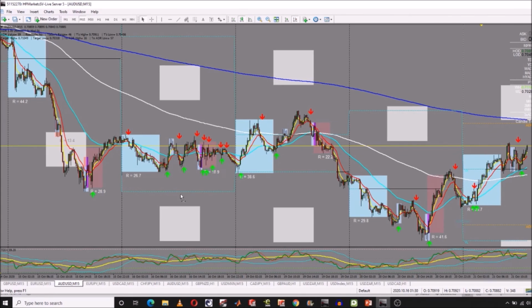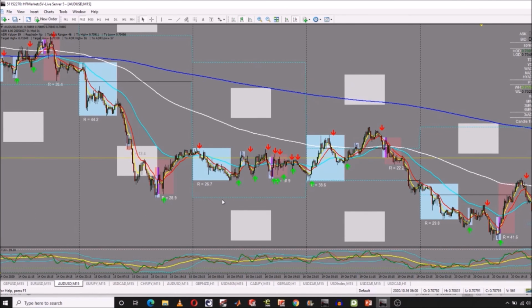Then we have our objects, which is the blue tracer. This blue dotted line just marks the low or the high of yesterday. For this instance, we had our low of this day here, and it was given by this blue tracer. It actually helps us. I will show you how it will help us in the later lessons.